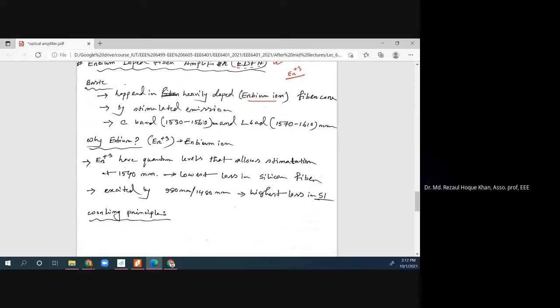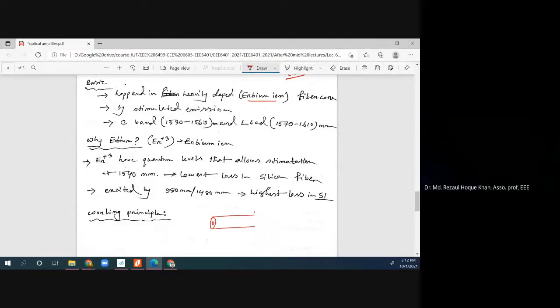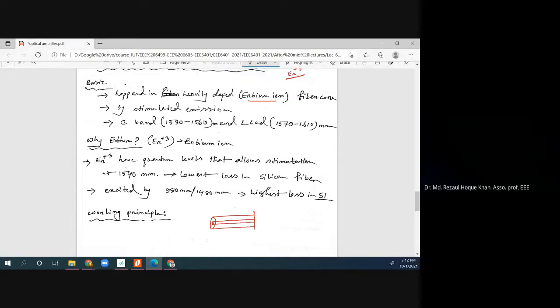So what happens is, for example, this is your optical fiber and this is your core. Now this is a coupler. You will couple an erbium doped fiber with normal fiber.